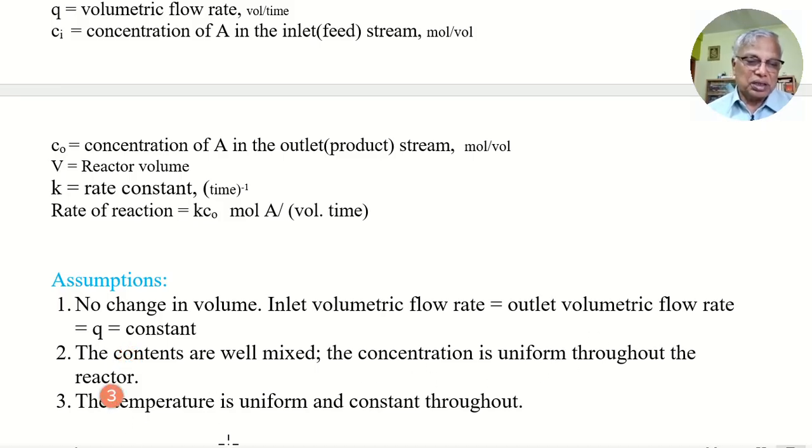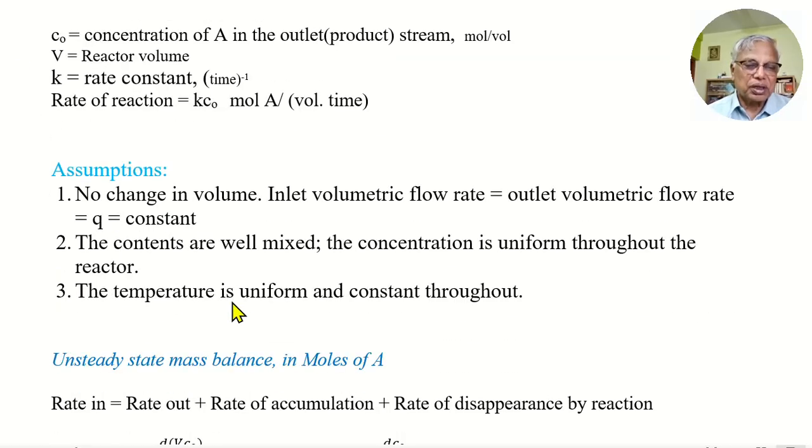Third, the temperature is uniform and constant throughout. Of course, the last two are the characteristics of a CSTR anyway. So a CSTR obeys assumptions 2 and 3. We are just repeating this here, that's all.